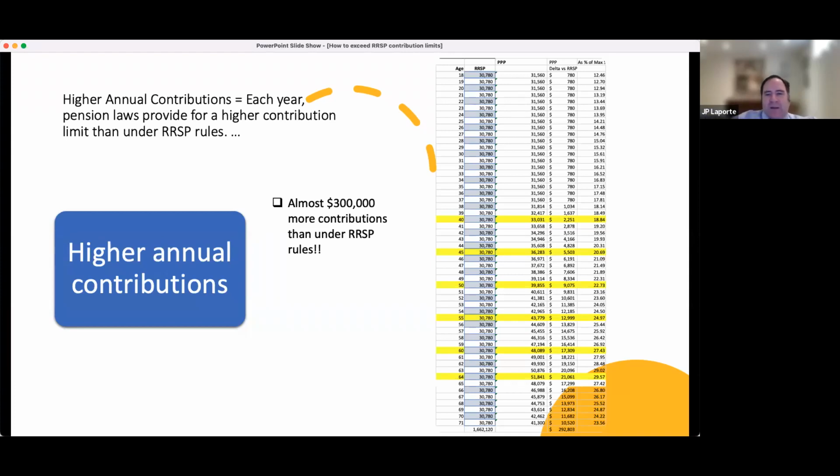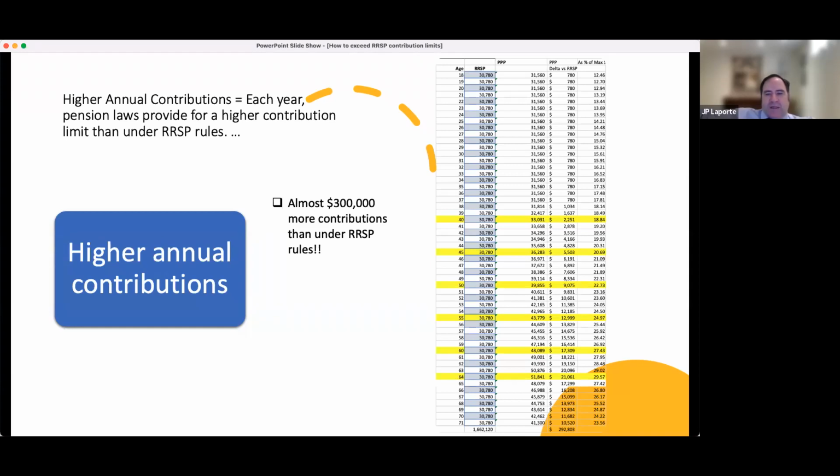And what I've done here, and I apologize that the font may be a little too small, is you can look at your age from 18 to 71 and pick your age, then look at what the RRSP maximum is, $30,780, and compare it to the pension plan amount that we're allowed to put in. Then we've calculated the delta between what the pension plan allows versus the RRSP, so you can see the extra contribution possible at that particular age.